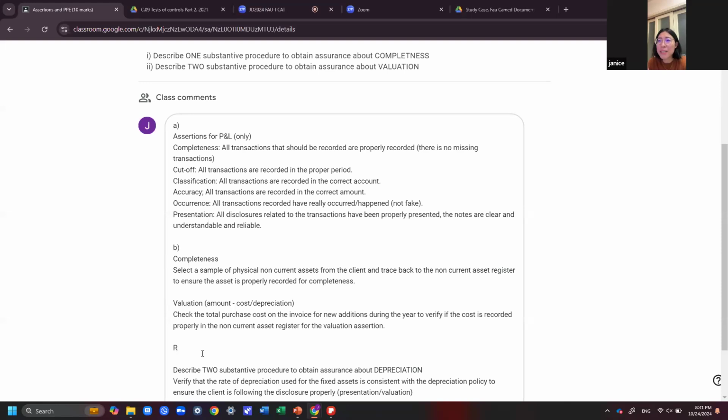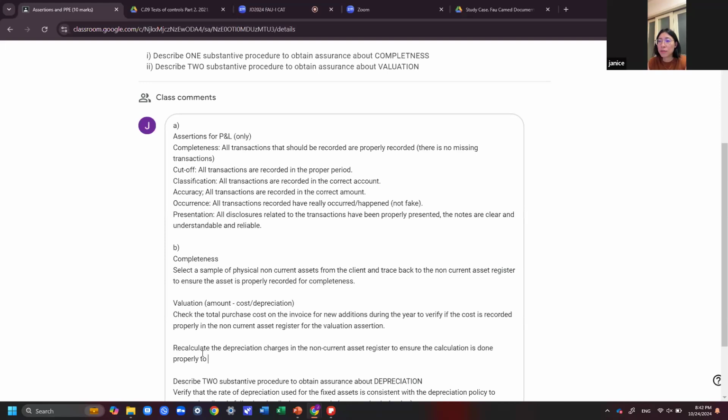So here I would probably say we calculate the depreciation charges in the non-current asset register to ensure the calculation is done properly for the valuation assertion.